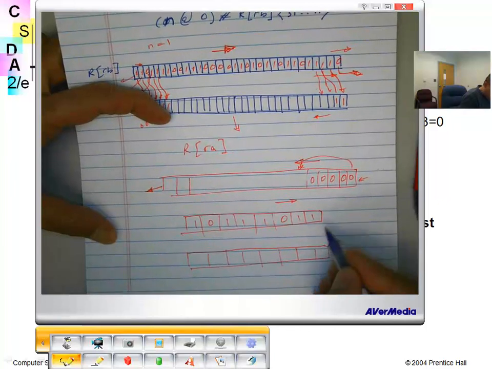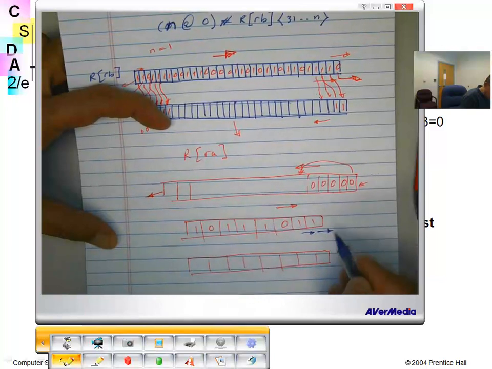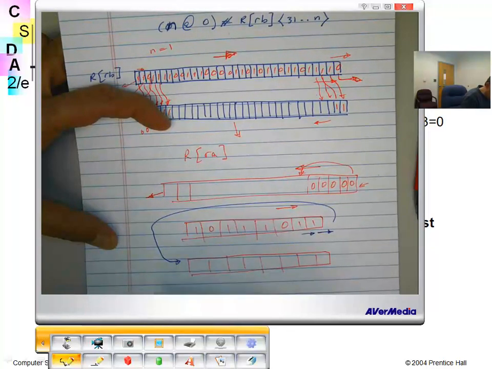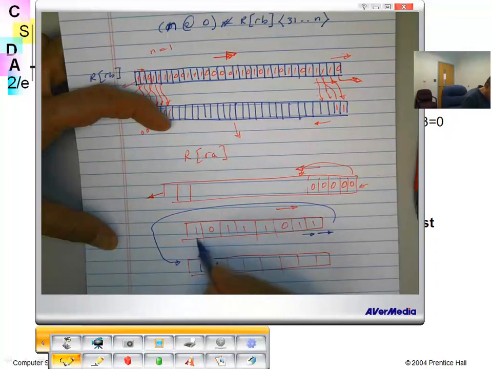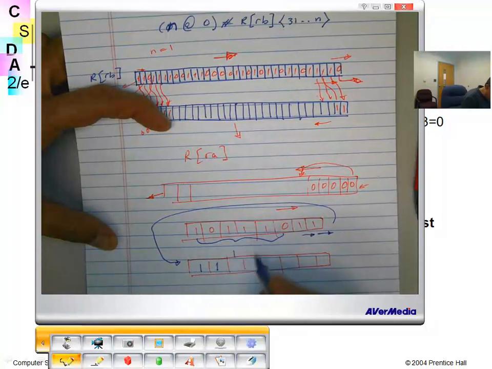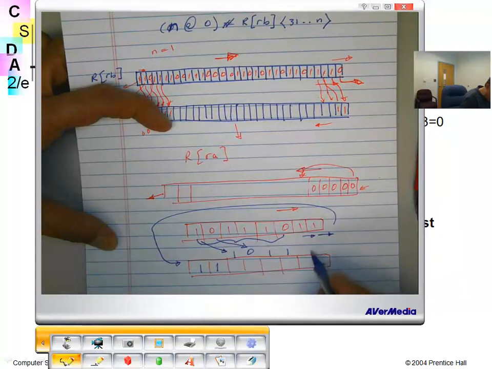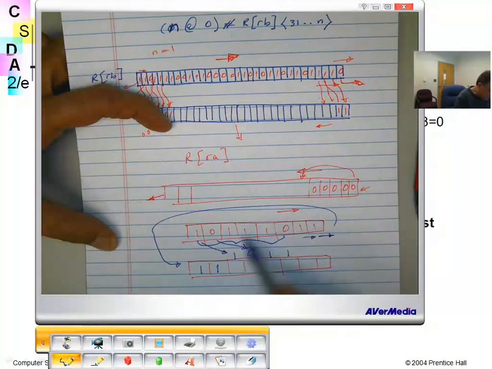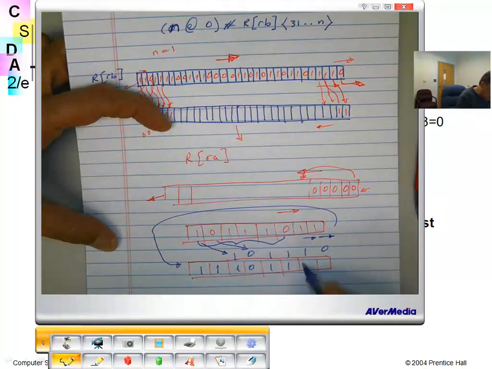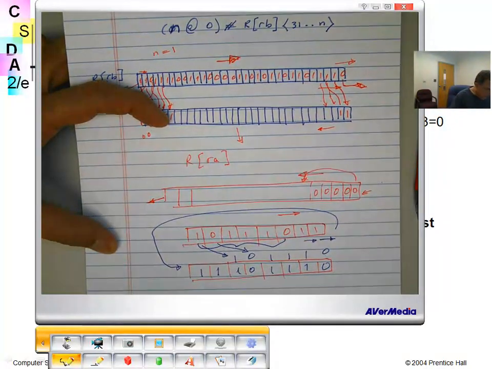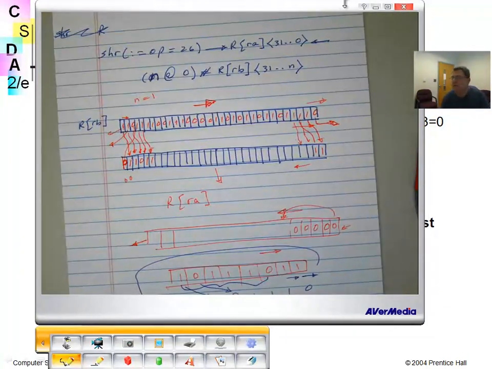If I'm going to shift 2 bits, that means these 2 bits are going to go out, but are going to come back and get to here. So that would be 1, 1. And then the rest are from here. So that would be 1, 0, 1, 1, 1, 0, 1, 1, another 1, and a 0. All right? In a circle pattern. It's like a rotate. All right? That's what it means.